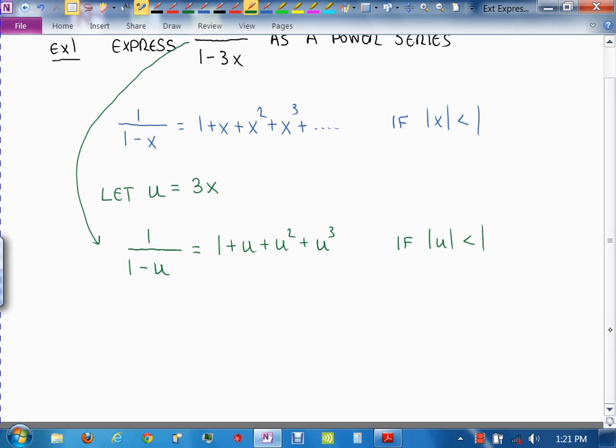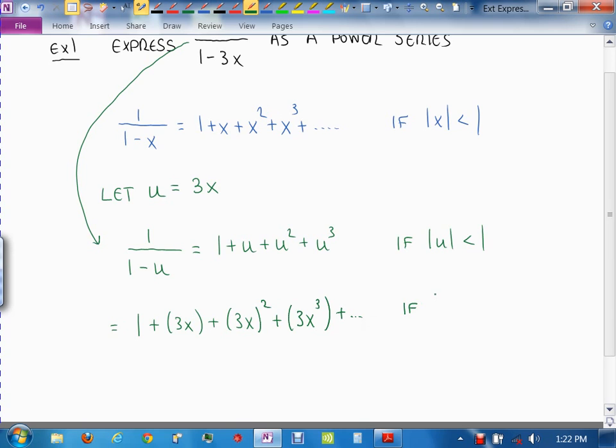Agreed? Now, what was u? 3x. So this becomes 1 plus 3x plus 3x squared, 3x in parentheses squared, plus 3x cubed, right? Plus dot, dot, dot. Yes?